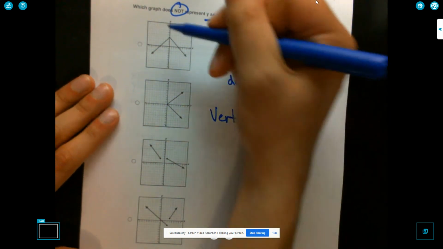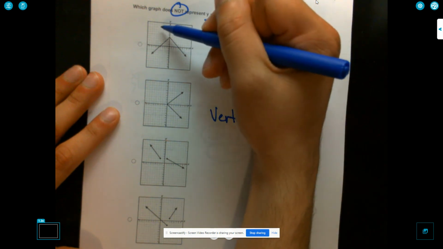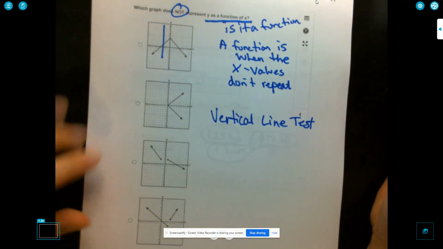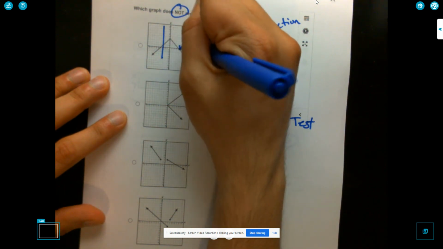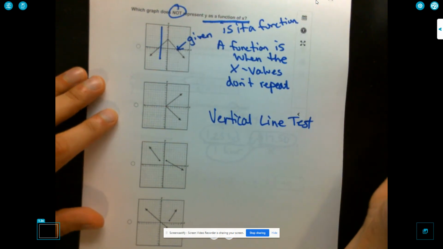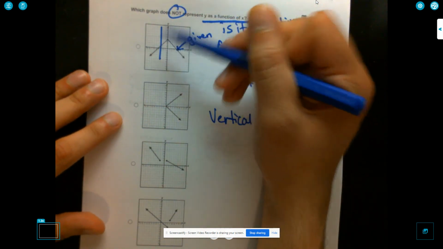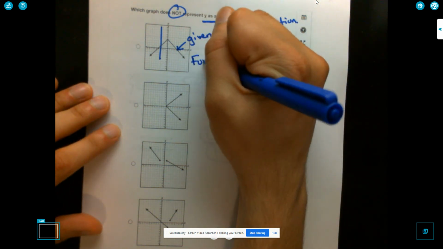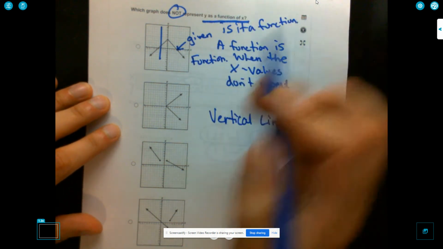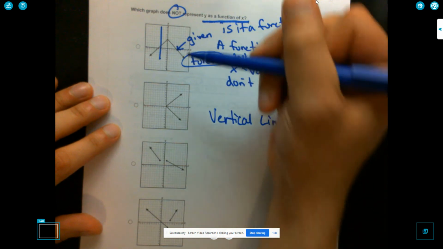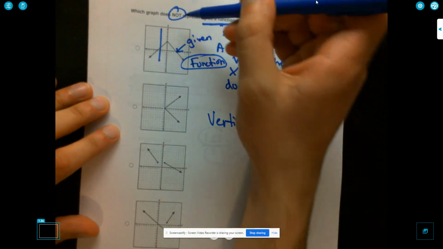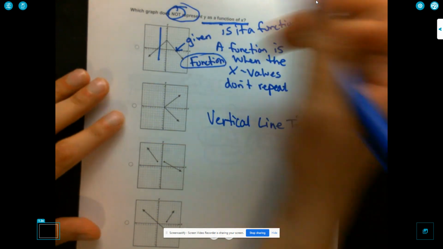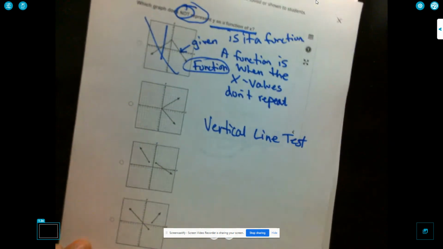Remember, whenever we come down, we draw a line anywhere. If it goes through the given line, so when I say given line, this is the given line. That's what's given to us. So if it goes through the line only once, then it's a function. So I just did this first one for you. This one is a function because it goes through the line only once. But we want to find which one is not a function. So it can't be this one. And that's all of them.